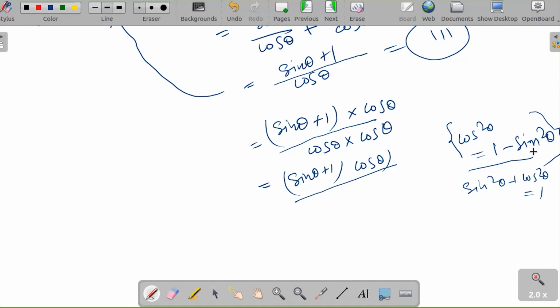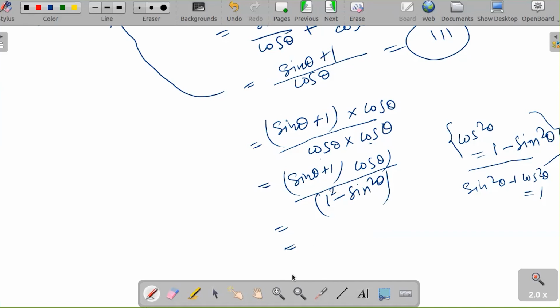So instead of cos square, we write 1 minus sin square. And now instead of 1, can we write 1 square? Because 1 and 1 square are the same. What is the benefit of that?